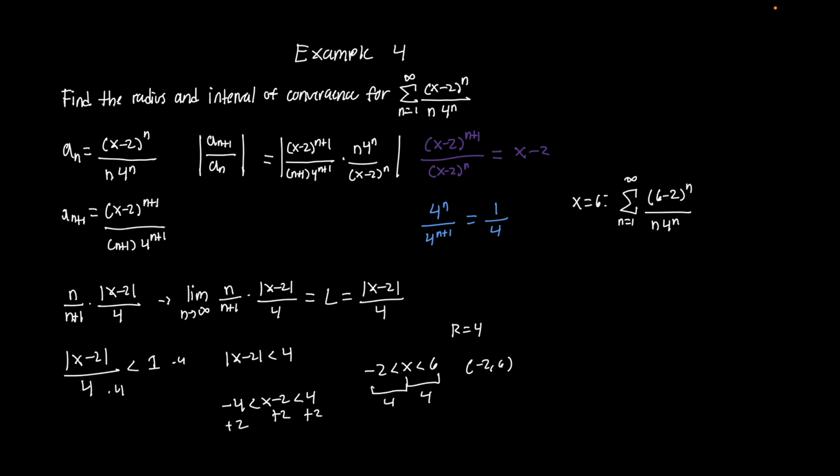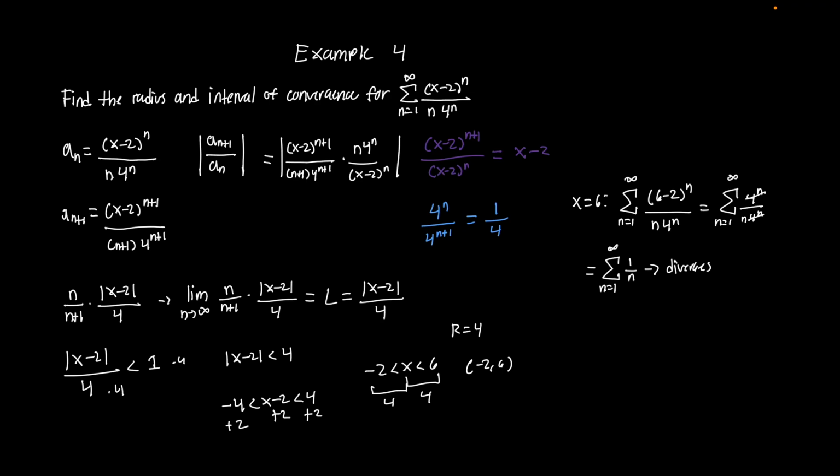If you can see, 6 minus 2 is just 4 to the n over n times 4 to the n. These cancel out, leaving you with 1 over n. This diverges. So harmonic series again.